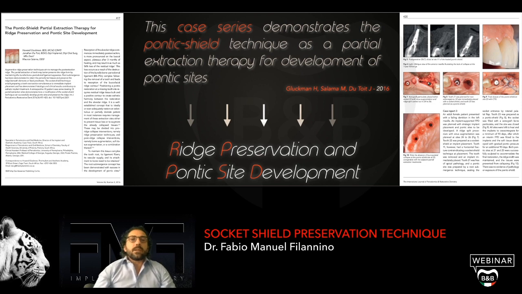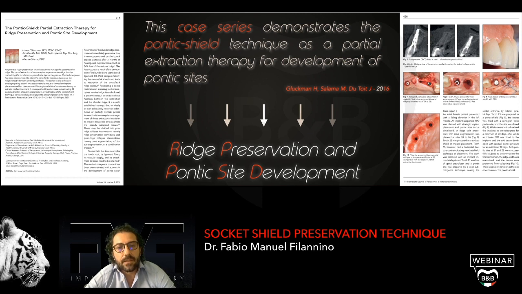In 2016, the same authors, Gluckman, Salama, and Dutoit, describe better how to manage the Pontic shield, the root submerged technique. They describe the technique. It is a case series, so they have some different situations, but commonly they utilized biomaterial inside the socket every time, and different ways to close the socket coronally.